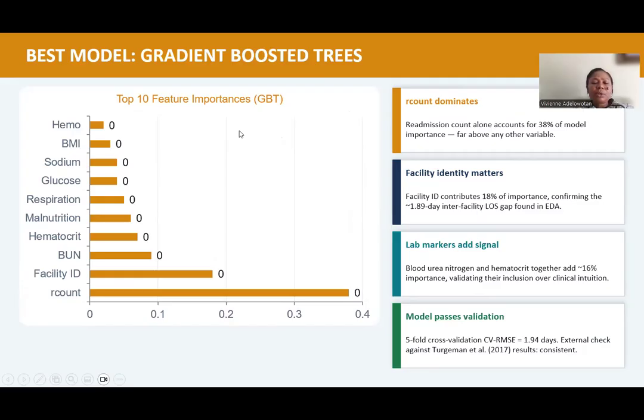The readmission count is the primary driver here. Just this readmission count alone accounts for 28% of model importance, followed by facility. All variables in the top 10 were clinically plausible, which builds confidence in the model's validity for stakeholders.